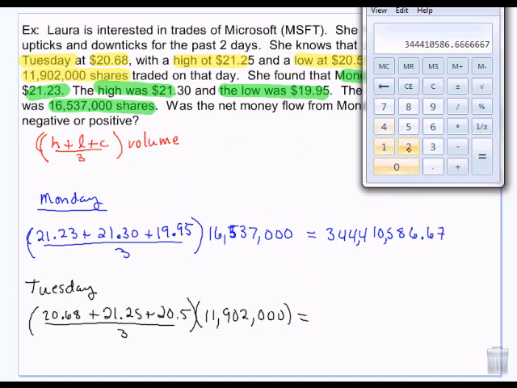So 20.68 plus 21.25 plus 20.5, divided by 3. So 2081 is our average. And we're going to do that times 11,902,000.